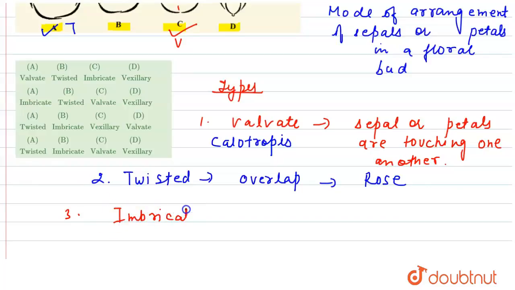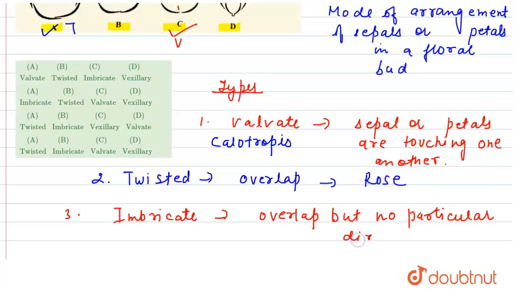Now we will talk about the next type, which is the imbricate. In the imbricate type, there is an overlap between the sepals and the petals, but there is no particular direction. That means they are overlapping, but that overlapping is totally random.